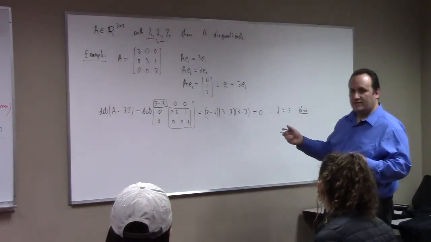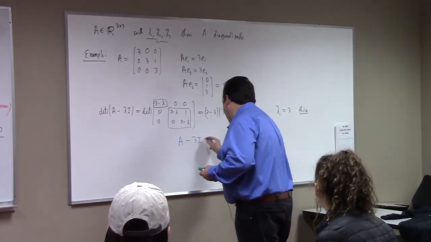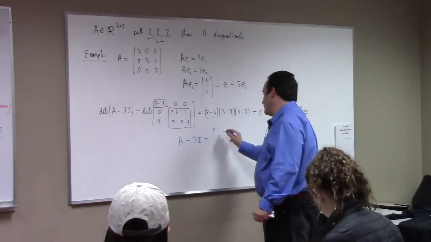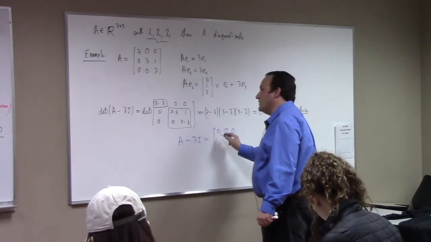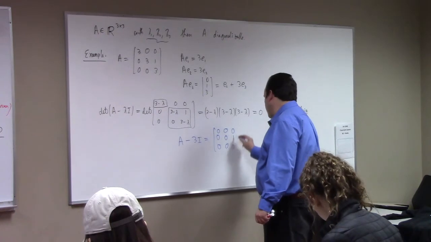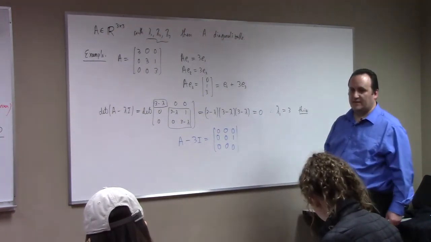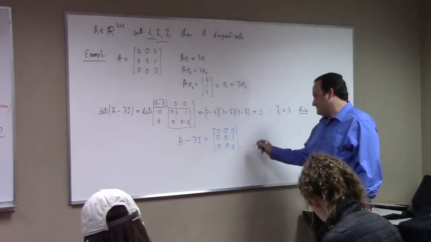So what's A minus 3I, though? That matrix is 0, 0, 0, 0, 0, 1, 0, 0, 0. What's the basis for the null space of this matrix?